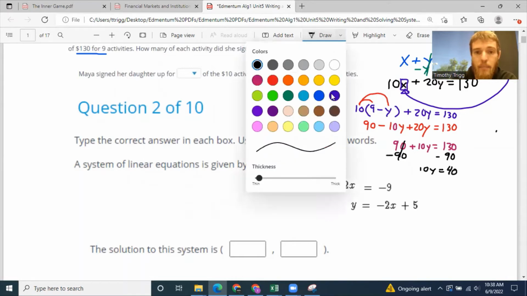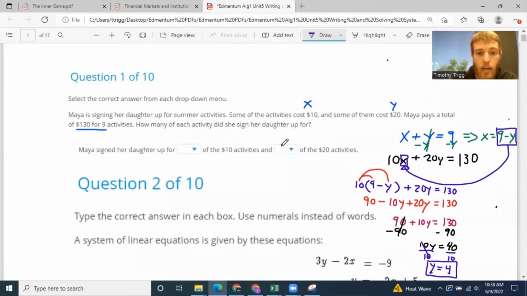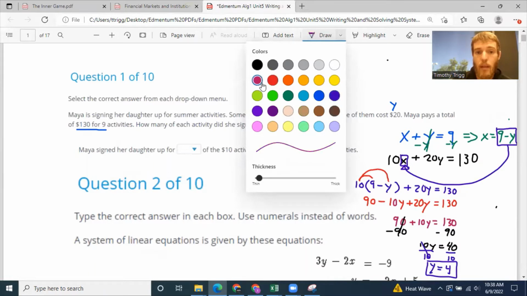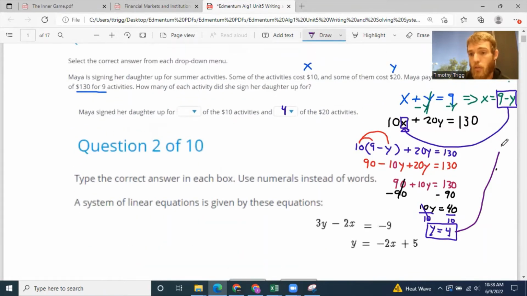What would be my next step to finish solving for y? Well, I would divide by 10 on both sides of the equation, canceling the 10 here on the left, giving us that y is 4. So we know the value of y now. That was the number of $20 activities, which is 4. Now that we know the value of y, I can replace it into the y right here.